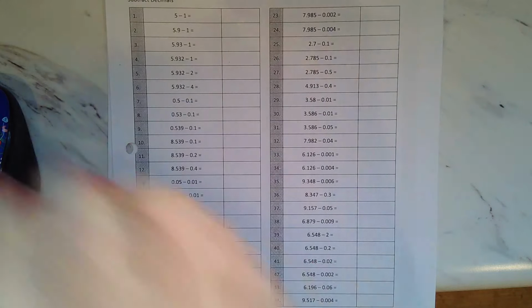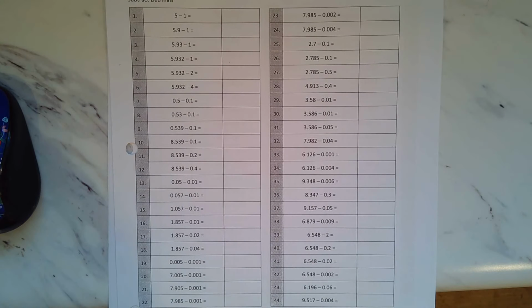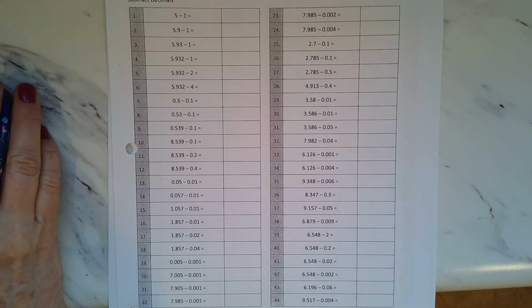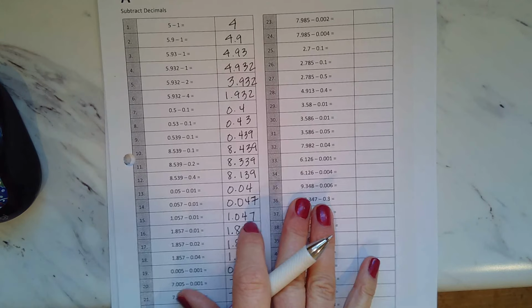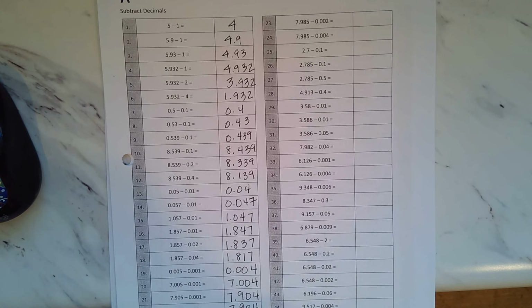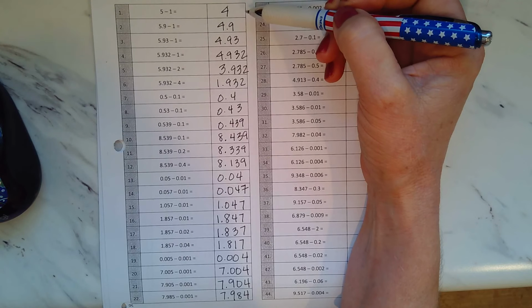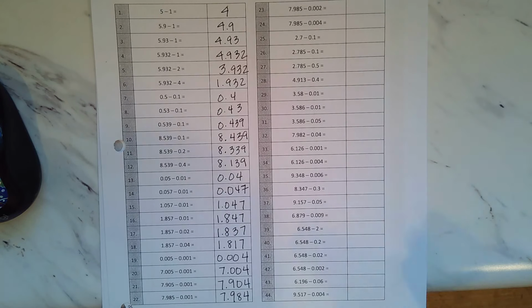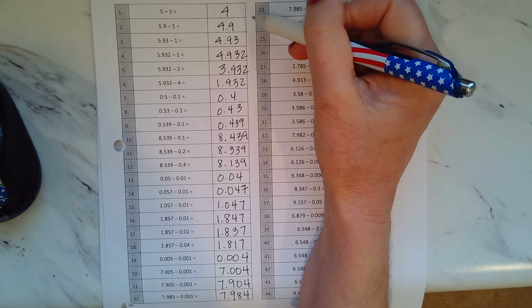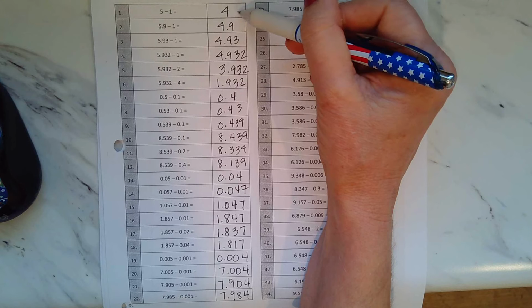All right, are you ready? Go. All right, how did you do? Let's go through this and check your work. Go back if you've made a mistake and fix it. And then part of your homework is to finish the sprint.